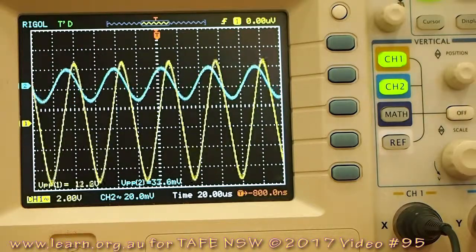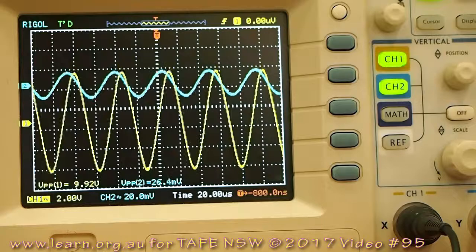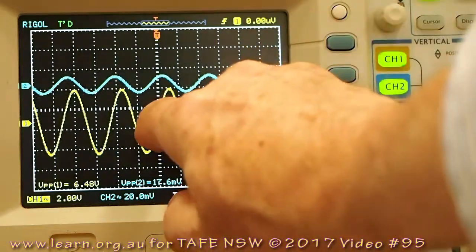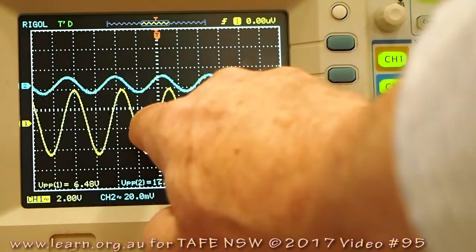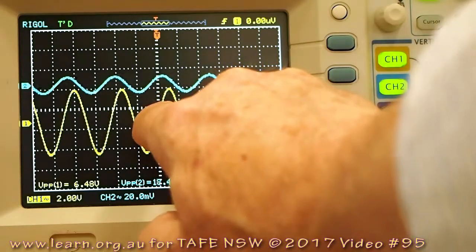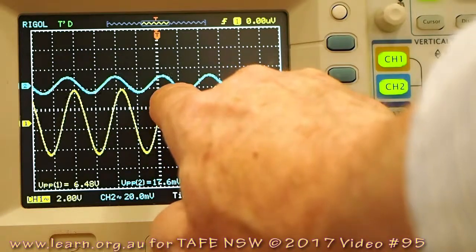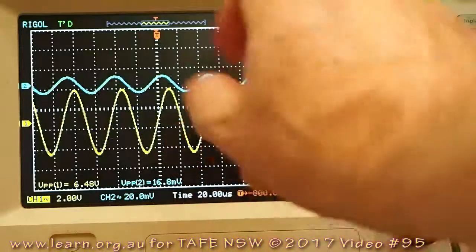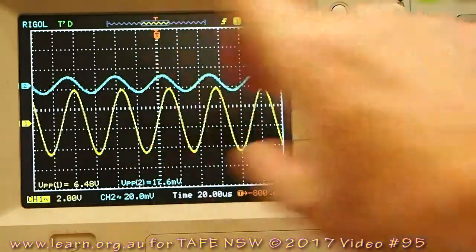Yeah. There we are. That's the problem. Once I turn that output down, the voltage swing on the output, it's not working the amplifier so hard, so the change in voltage over the change in time is going to be less than it is when I had that really big output.